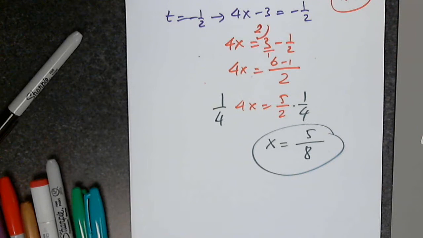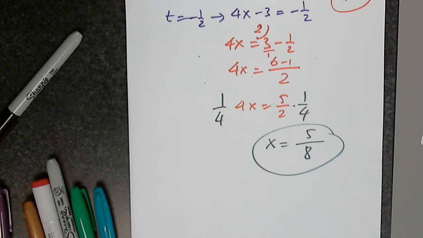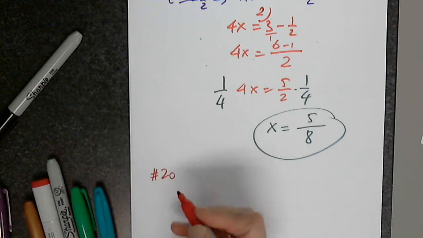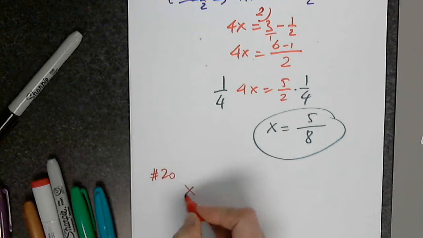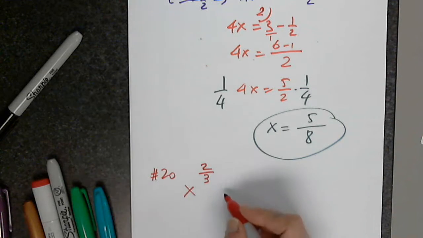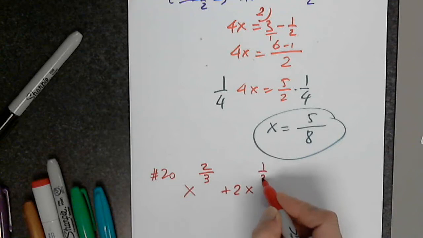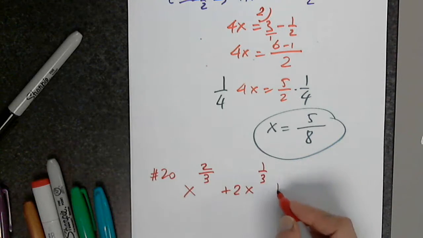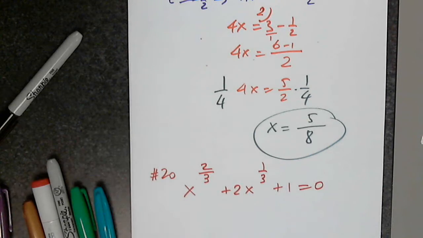Okay, let's look at one more. X to 2/3. What is this when I say x to 2/3? What does it represent? Yes, the cube root of x squared.